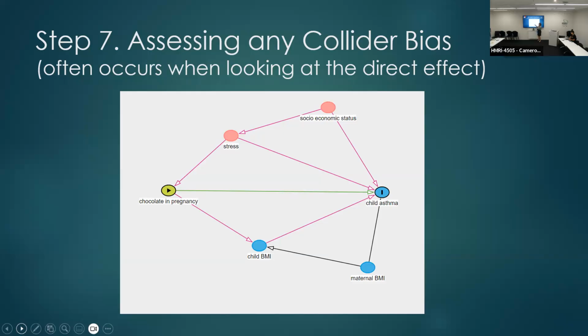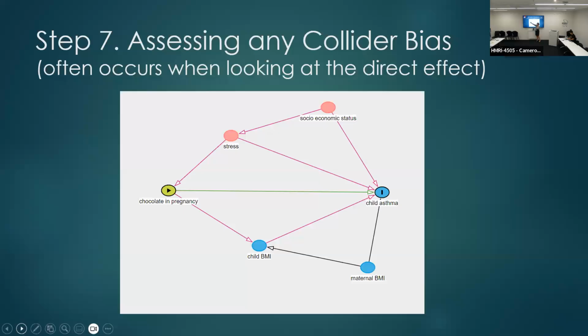Because of this collider bias, with water meeting, this is having no effect. I don't need to worry about it. It's kind of the opposite of turning that off; it doesn't even need to be turned off because it's already stopped. I don't need to adjust for it if I'm looking at the total effect.